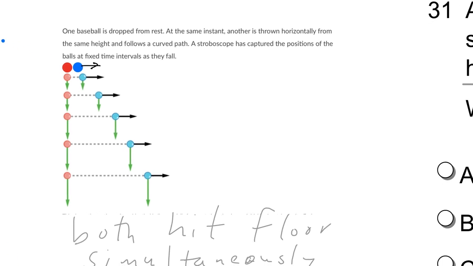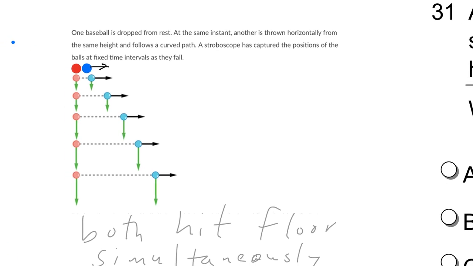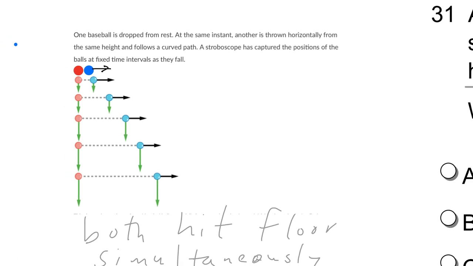Now, this picture is showing a strobe light picture. So, I drop a ball. The red ball is dropped from rest. And the blue ball is thrown horizontally from the same height.